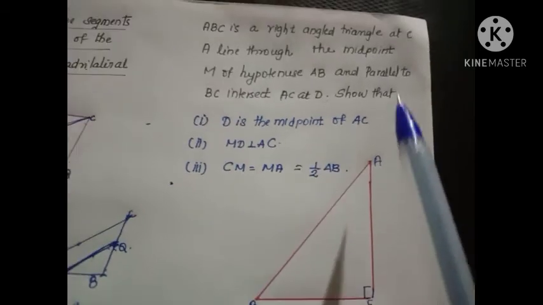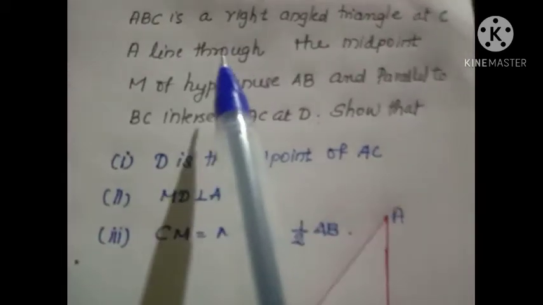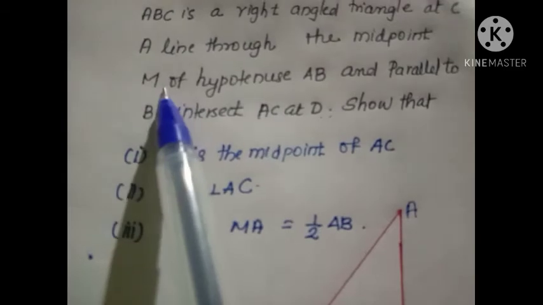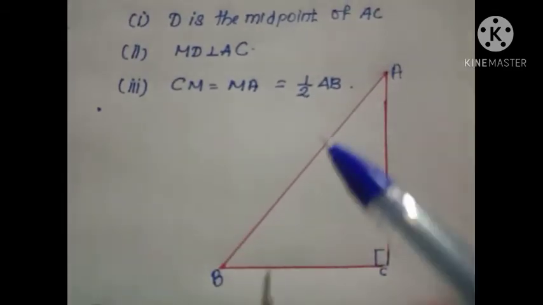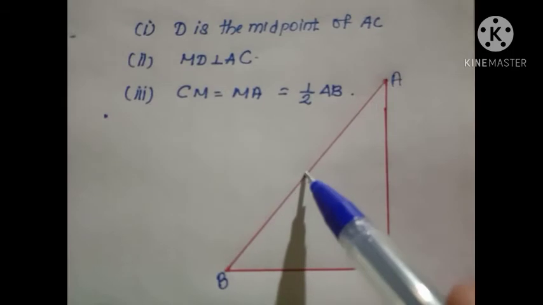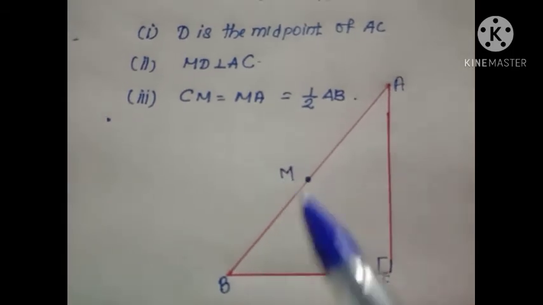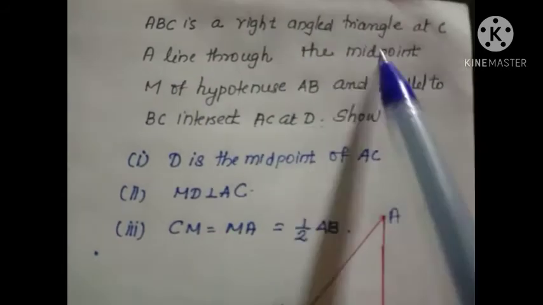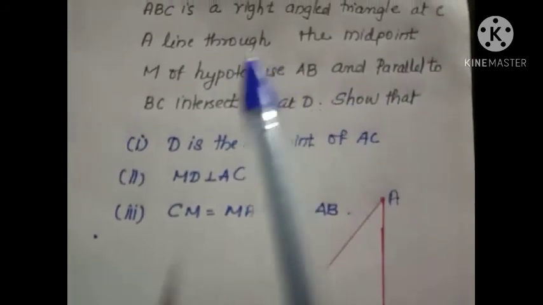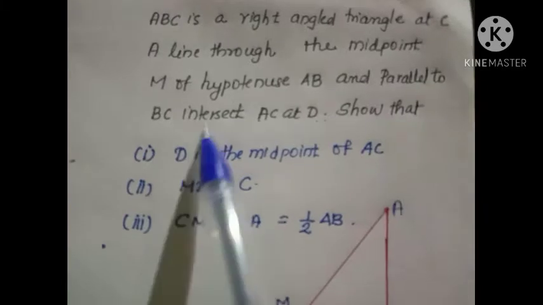Now listen, a line through the midpoint M of hypotenuse AB. Here AB is the hypotenuse. Take its midpoint and name it M. A line through the midpoint M and parallel to BC.